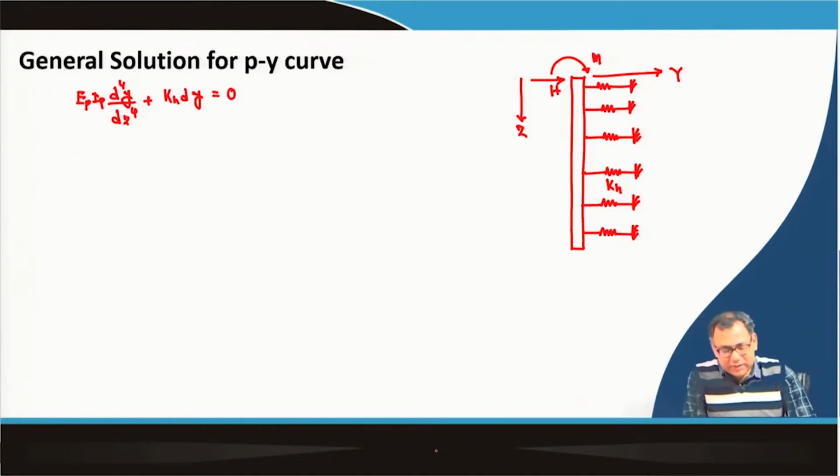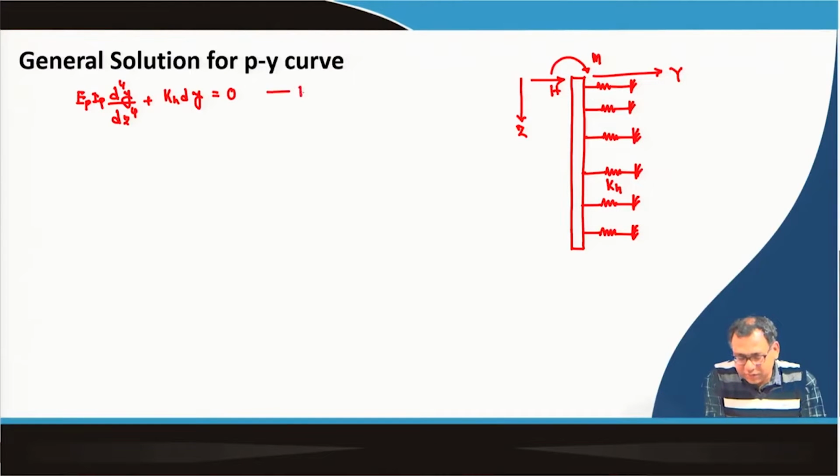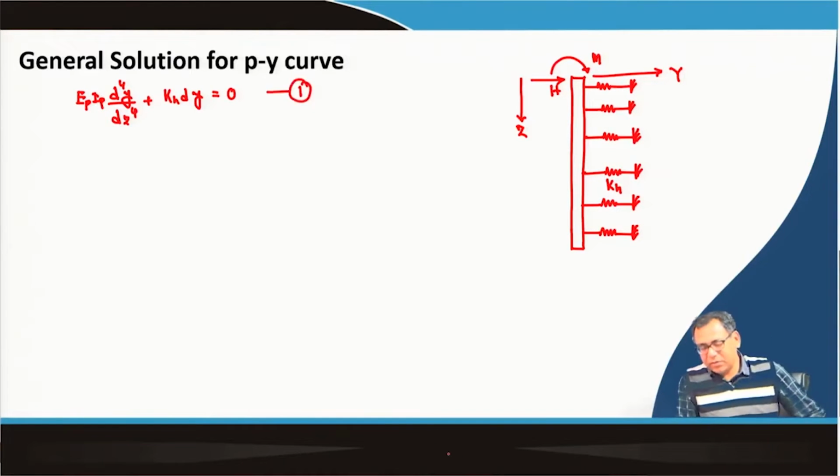So, this is your generalized solution for the beam subjected to H and the moment. But why is it 0? Because there is no UDL acting. It is only horizontal load and the moment acting, so that will be taken care of during the application of the boundary conditions.